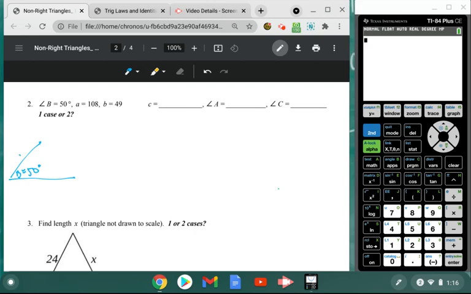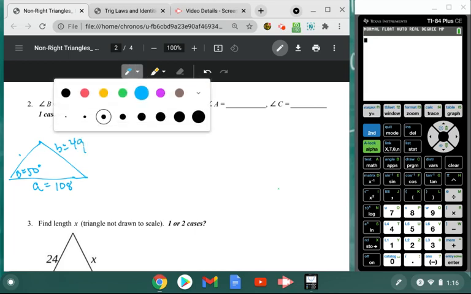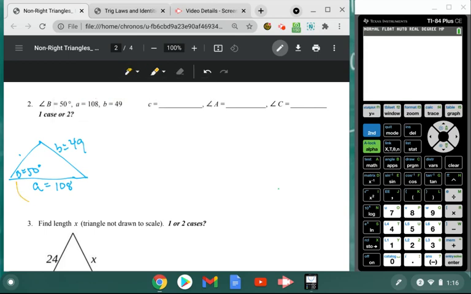A can be either of these two sides; I'll let it be the lower side, 108. Side B, opposite angle B, is 49. So in order, we have an angle followed by a side, followed by a side. We have the ASS case, which is two possible constructions, so we'll keep that in mind.